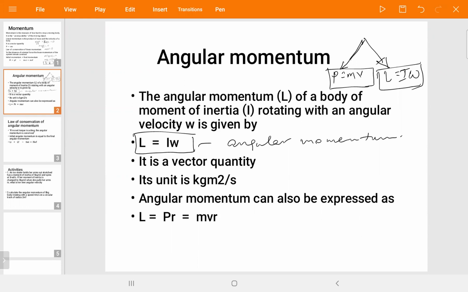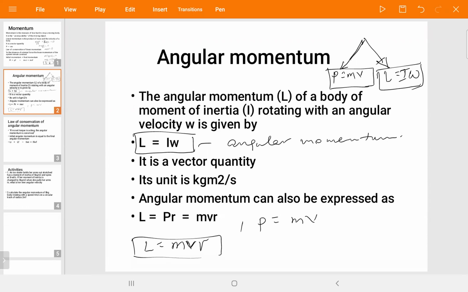angular momentum equals linear momentum times r. But linear momentum is mass times velocity. Then we come up with the expression mv times r, where mv is linear momentum, and when it's multiplied by r, it becomes angular momentum.